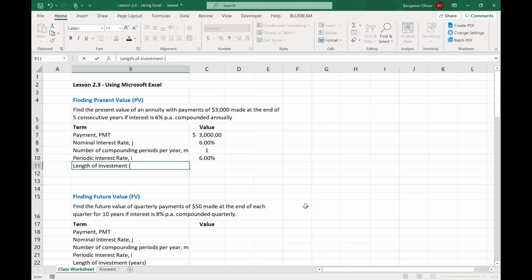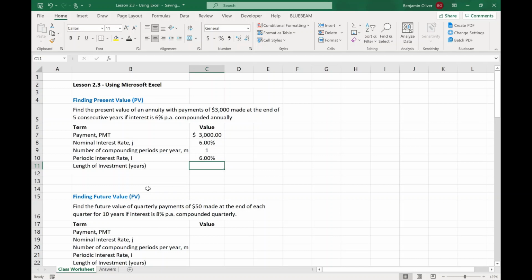But your length of investment in these questions is typically in years, so they would have to convert that 26 months to years. So it's very important to make sure you specify units. Again, you're always thinking about the person coming after you looking at this spreadsheet.